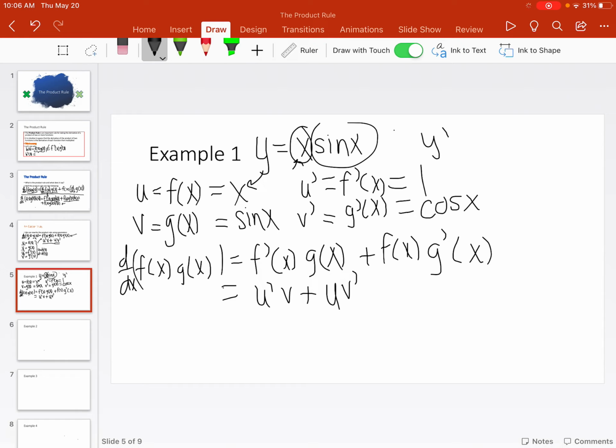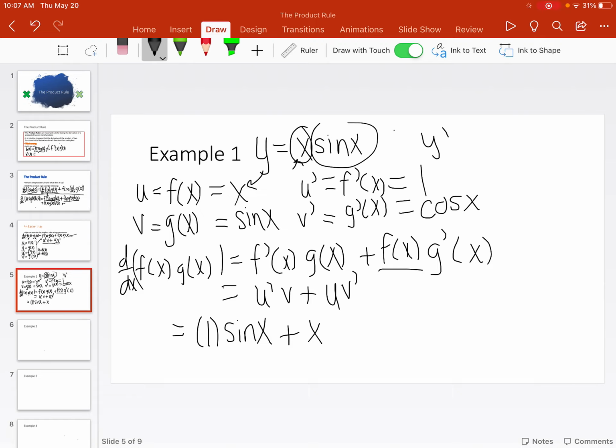So let's substitute all these in. u prime is f prime of x, which is just 1, times g of x, which is v, that is sine x, plus, what's u? u is just x. f of x is equal to u, and that is x.